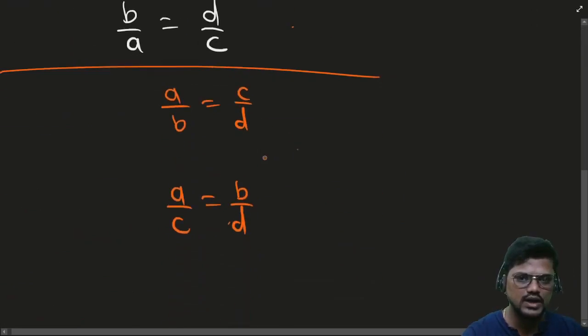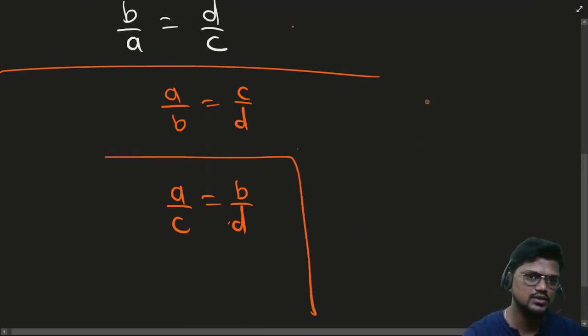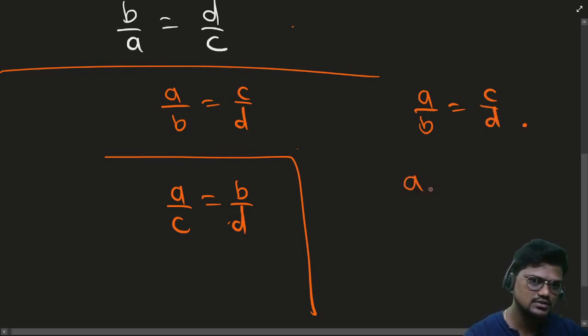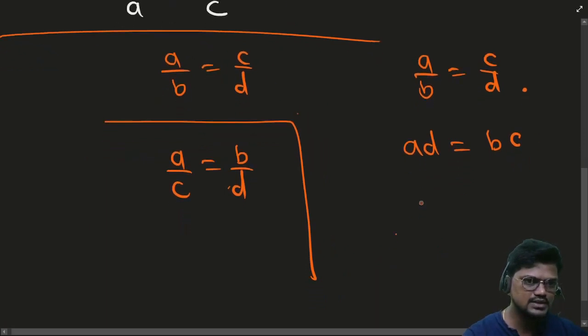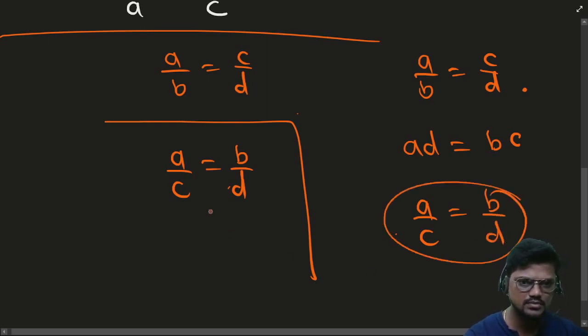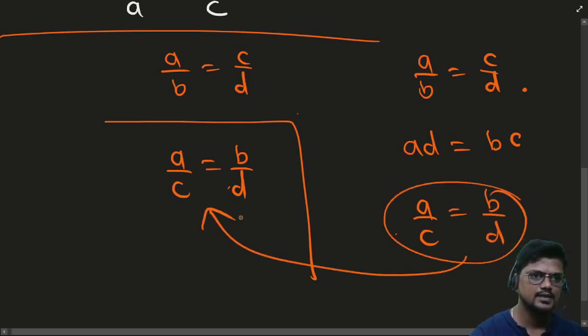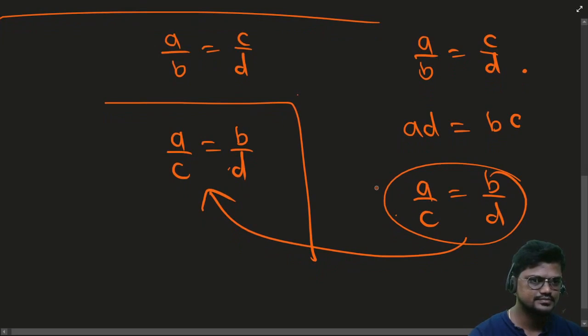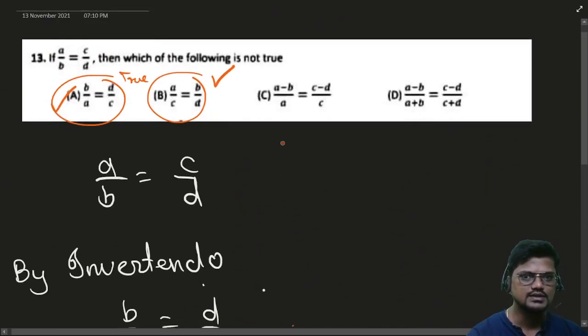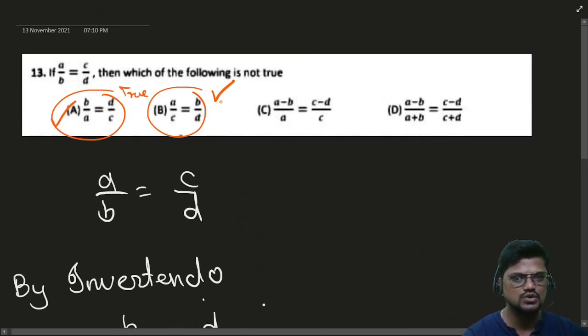Now how can we do that? I'll explain. If A upon B is equal to C upon D, I can do the cross multiplication: AD equals BC. Again, if I bring this C on this side and D on this side, it will be A upon C equal to B upon D. You're getting the same? Yes? Clear? That's why option B is also true.